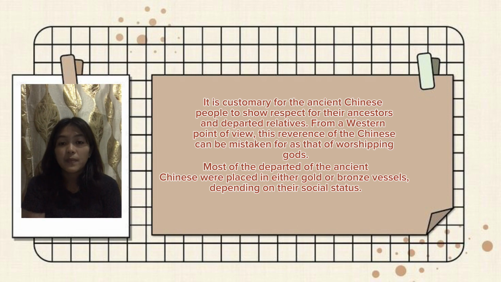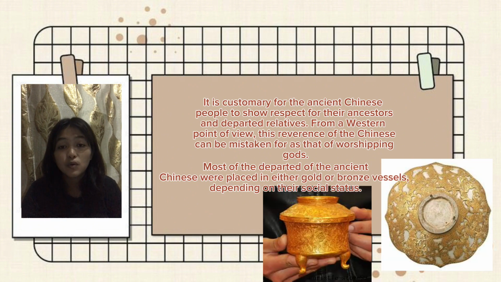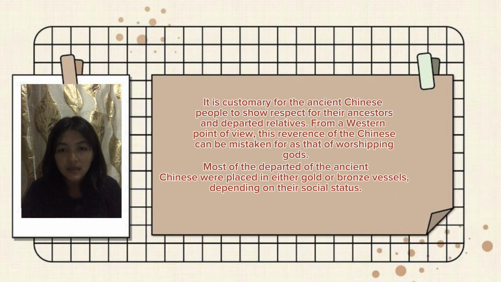As a show of respect, yung mga mahal nila sa buhay ay nilalagay nila sa gold or bronze vessels, nakadepende sa kanilang katayuan, which is nami-misinterpret ng mga Westerners kasi ang dating sa kanila ay parang they are worshiping God, which is opposite sa intention ng mga Chinese people.